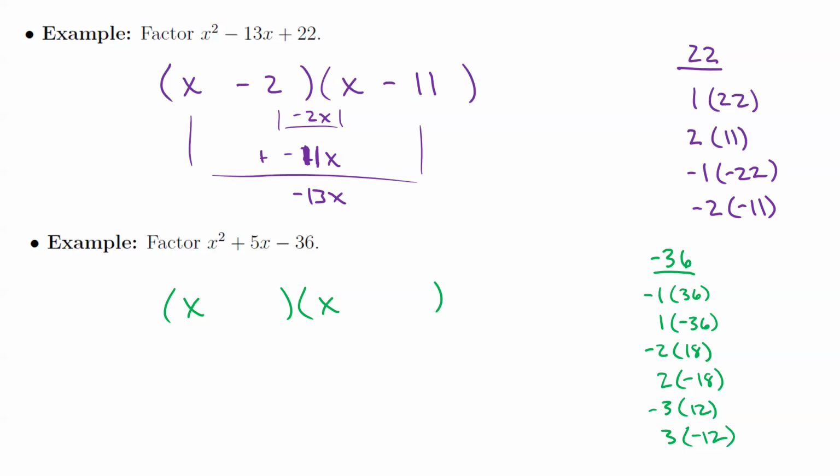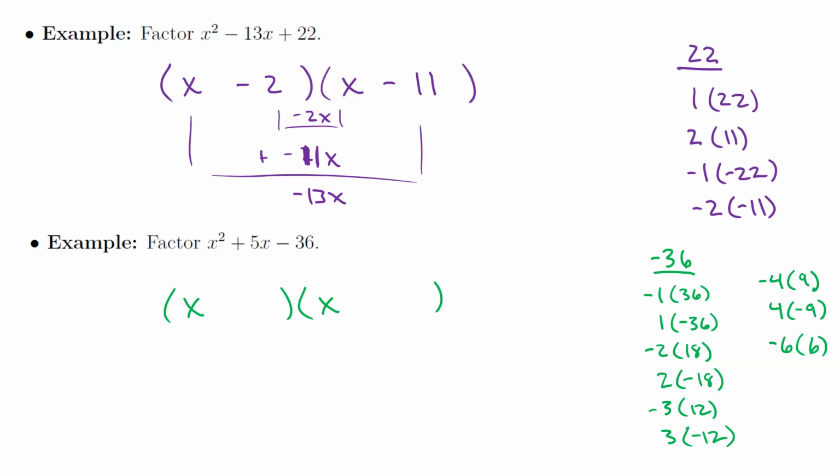I'm just working my way up until the pairs get closer and closer together. So negative 4 times 9 and 4 times negative 9 are possibilities. And then finally, negative 6 times 6, because 5 doesn't divide into 36 evenly. Once the two numbers in your pair have collapsed down close to each other, that's when you know that your list is over.